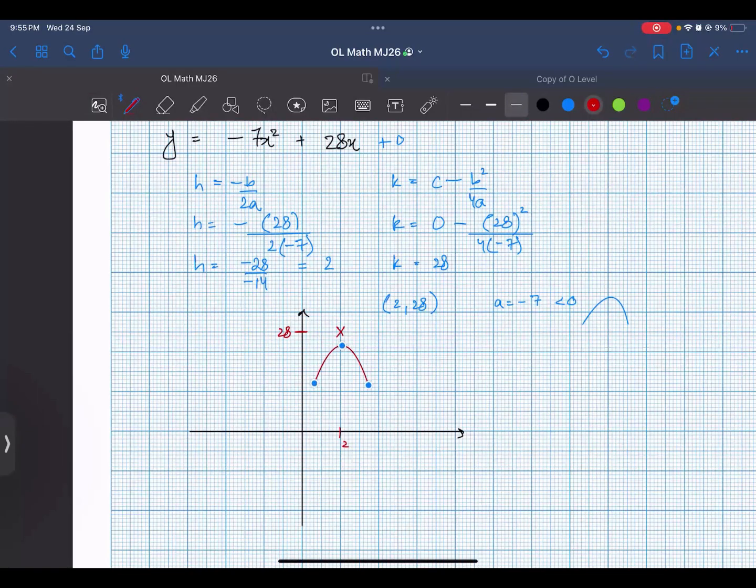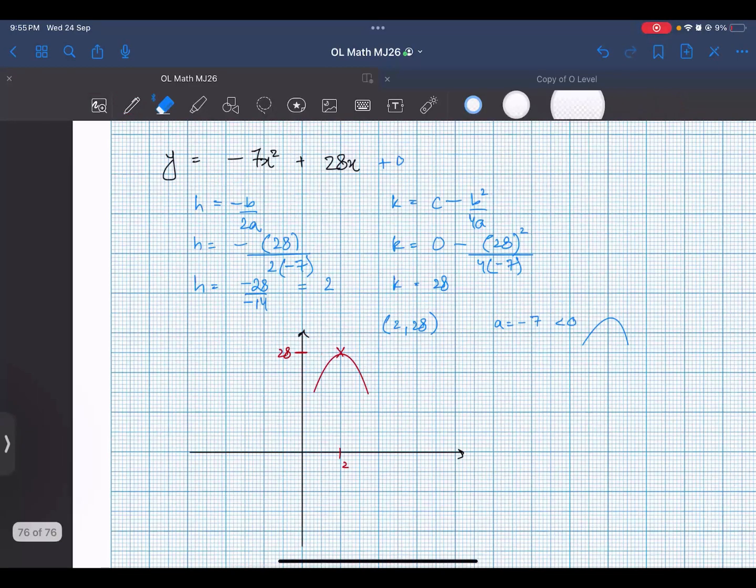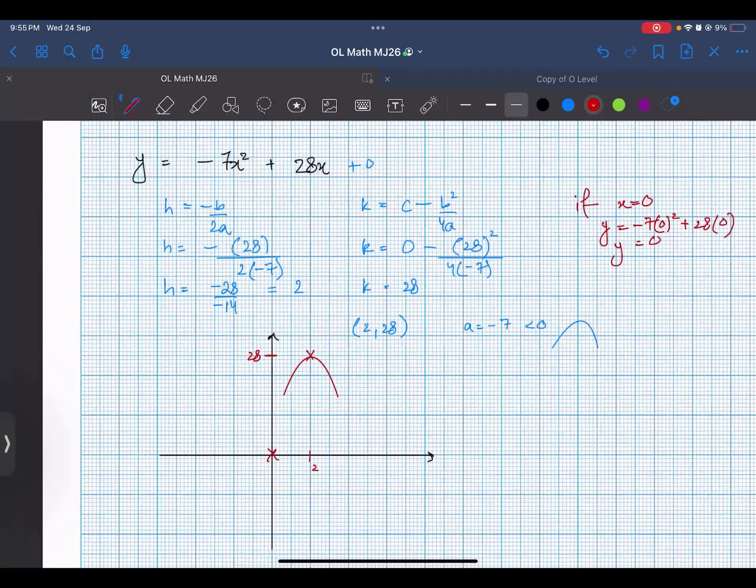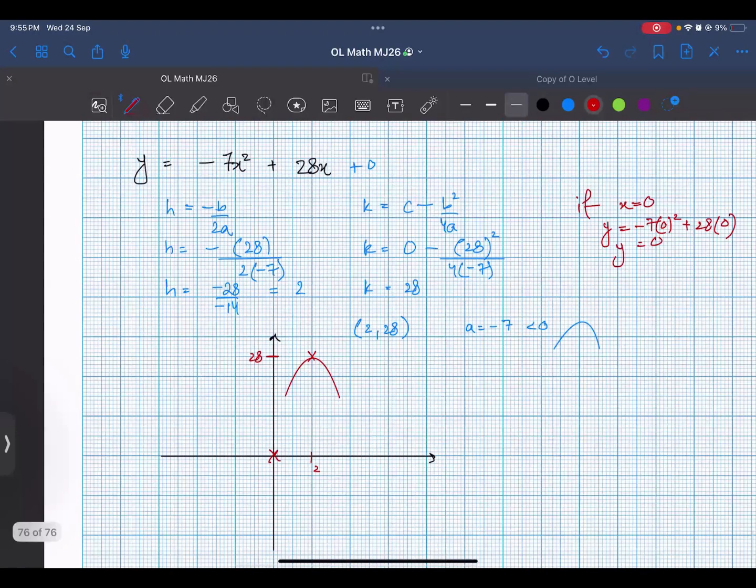And you can also see that it will cross the y-intercept and the x-intercept. If you want to find the y-intercept, so if x is 0, then y is equal to minus 7 times 0 squared plus 28 times 0, which is 0. So it is passing through the point 0 comma 0. And if you want to find the x-intercept, your y is 0.